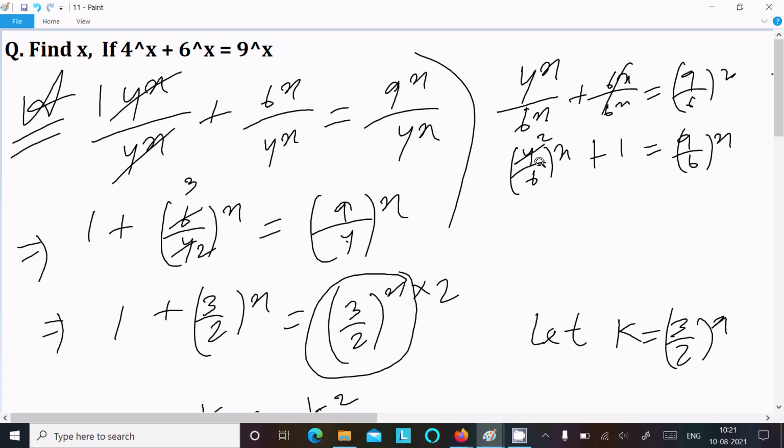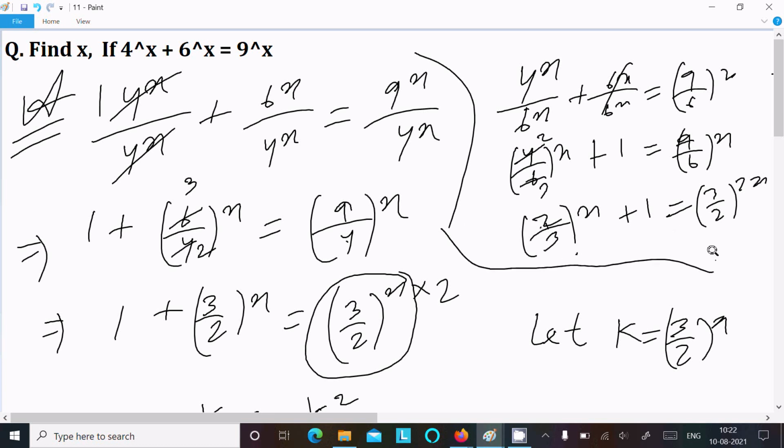So here 2 by 3 power x plus 1 equal to 3 by 2 power x. We cannot assume anything here, but then you can take the minus and do that. So it's complicated, so you should use these two ways to get the answer.